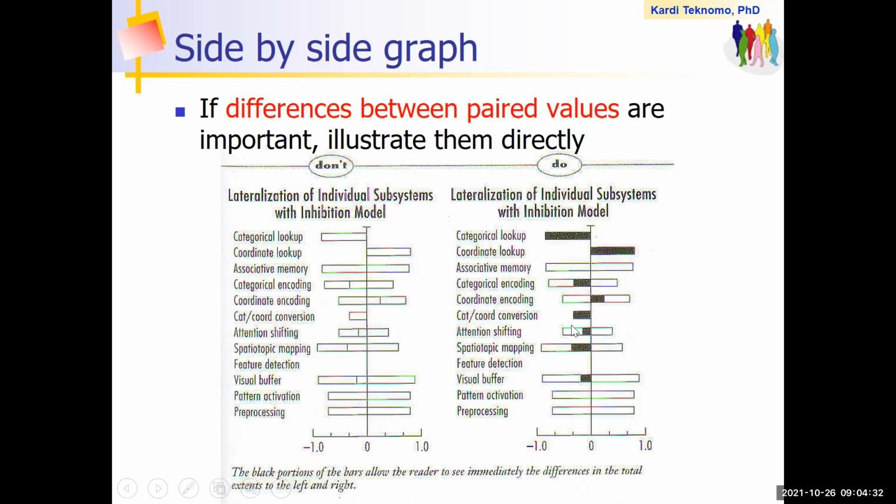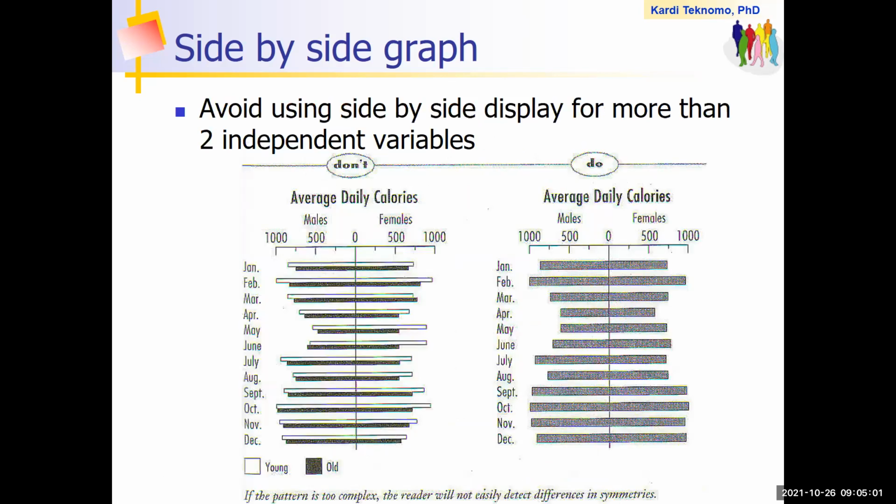Okay, so the black portion in the bar will allow the reader to immediately see the difference, the difference between the total to the right and the left side. Okay, at the bottom here there is no difference, so the black side represents the difference. So this is an example of how you visualize.